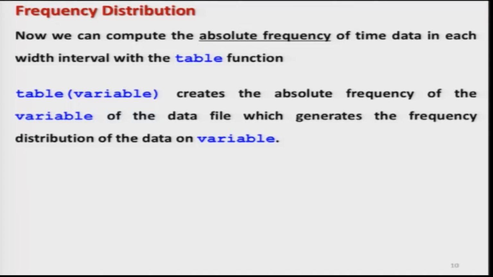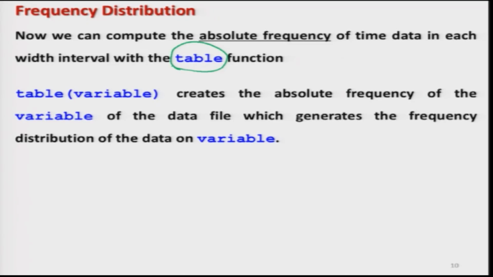Okay. So, the same command I will use here, but now it is going to be used over this new variable time dot cut, because now we have got the intervals and the time data also. Now, I need to create the frequency distribution using this data vector. So, as we discussed earlier, now we are going to use the absolute frequencies of this data vector using the table function.